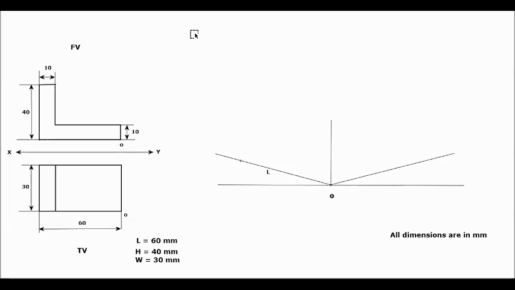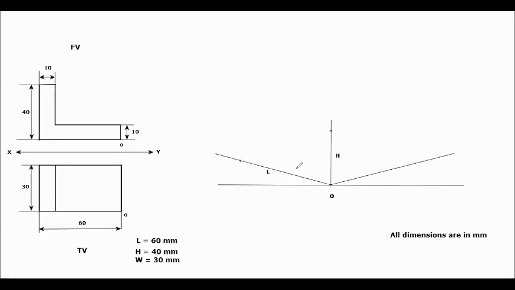Then for the height of the object you have to consider this vertical line. On the vertical line we have to mark the height. So you have to mark the point at the dimension 40 mm. So this implies height.